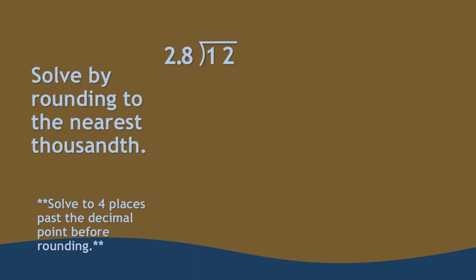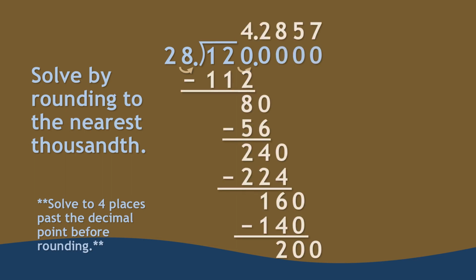Okay, let's take a look at your answers. First, you needed to move your decimal point. So you have 120 being divided by 28. And then here we have our big long answer. After annexing your zeros, you should have ended up with an answer of 4.2857. Then at this point, you needed to round to the nearest thousandths place.